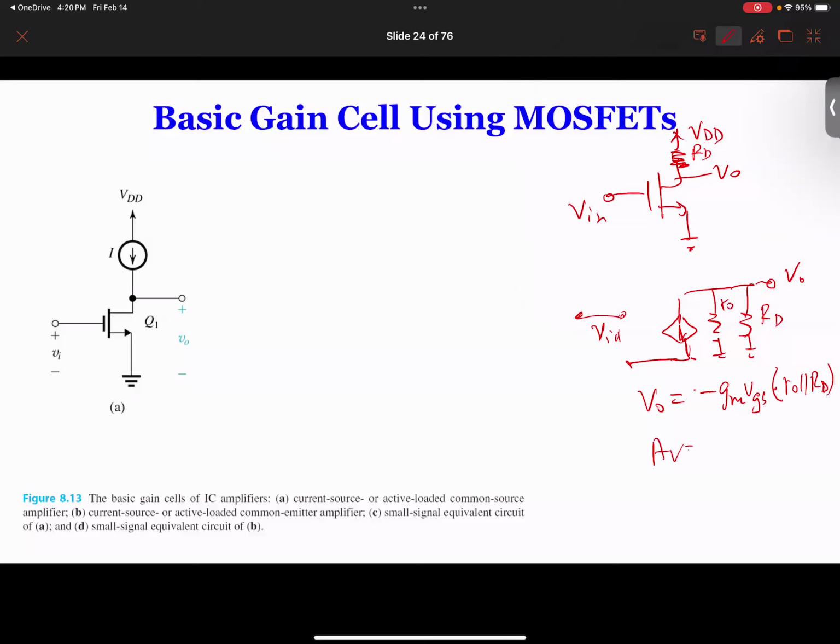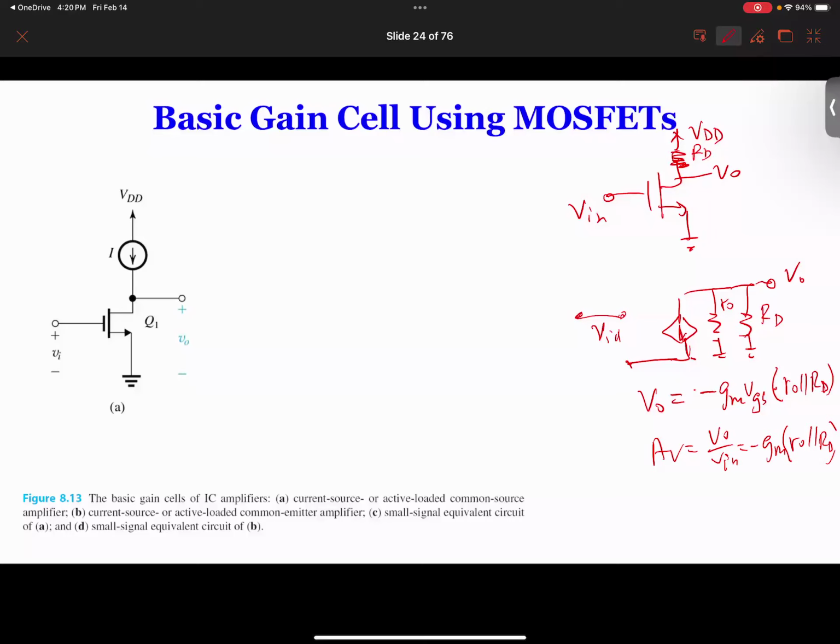So Av is equal to VO over Vin, which gives you minus gm times RO in parallel with RD. So this is what we have for the regular gain circuit.